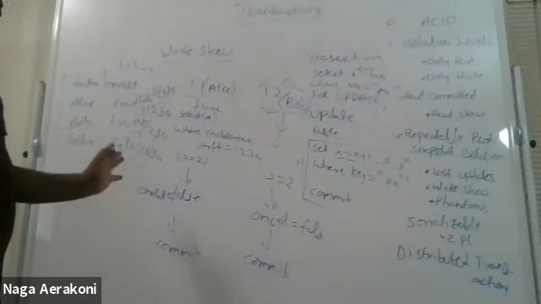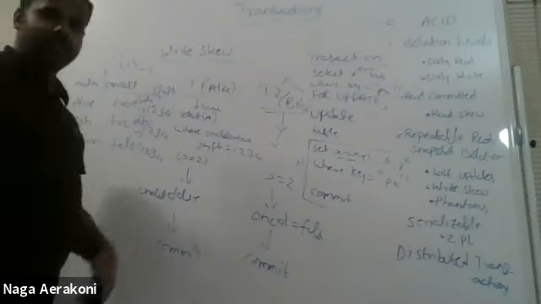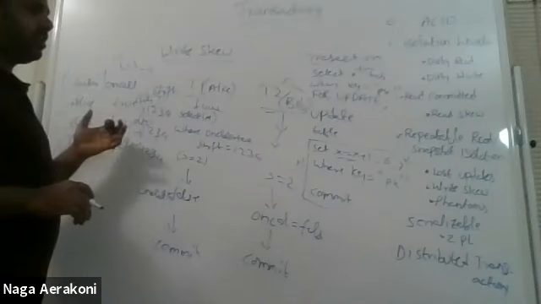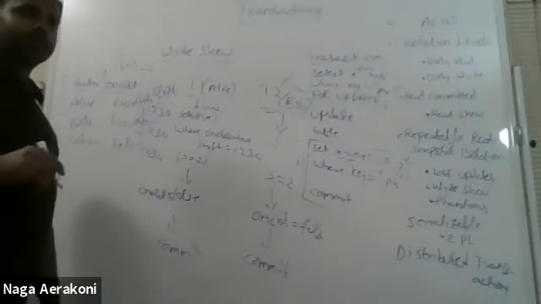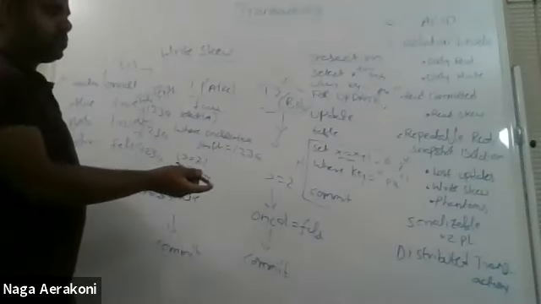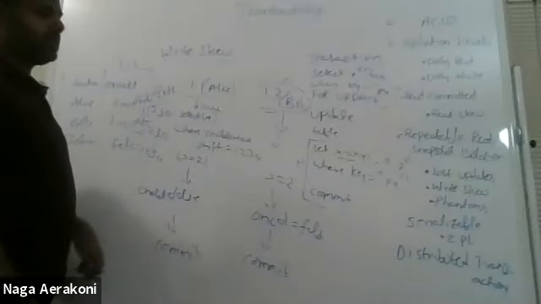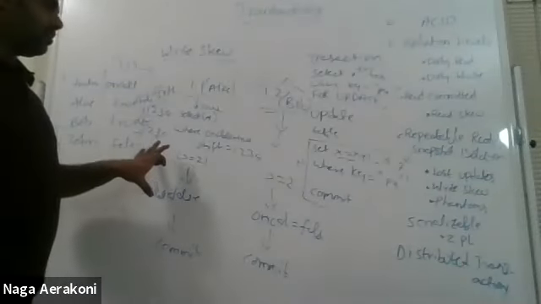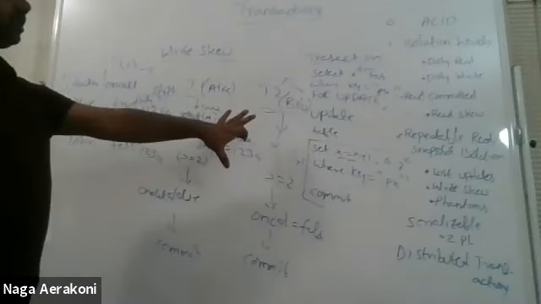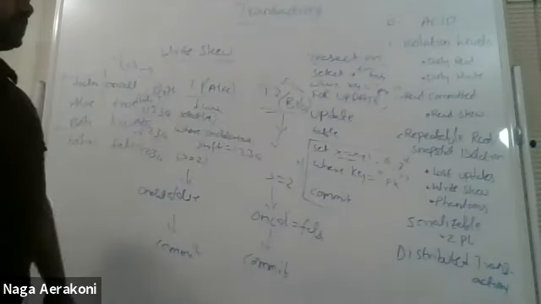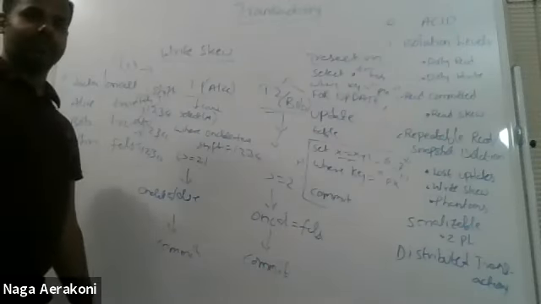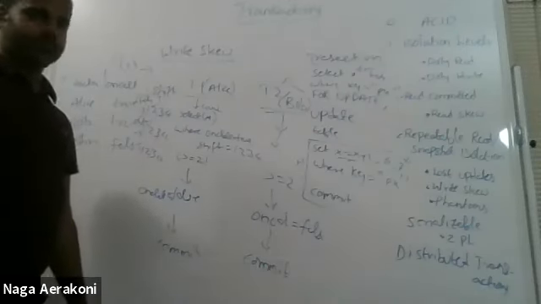So don't look at this from the versioning perspective. This is just a data anomaly which can occur if you don't use the highest serialization level, which most people won't use for performance reasons. You just need to be aware that these anomalies can occur in databases when you're using those two, and have a mechanism to address them, or at least use a higher isolation level. Okay, thank you.